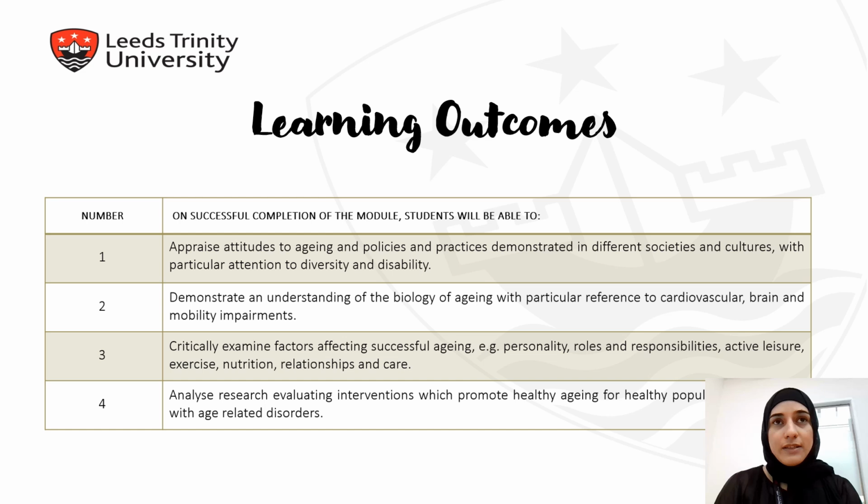Then the last learning outcome is about analyzing research interventions which promote healthy aging for the healthy population and for those with age-related disorders. It means we will research the programs and methods which support healthy aging, both for generally healthy older adults and those with age-related issues.